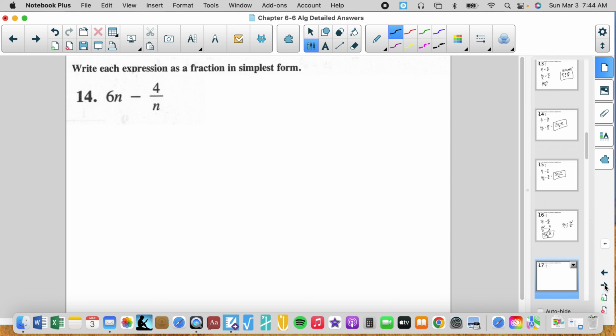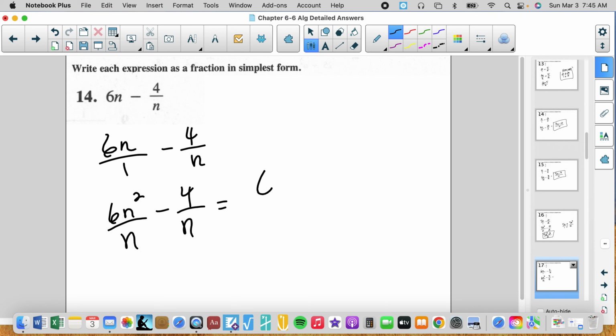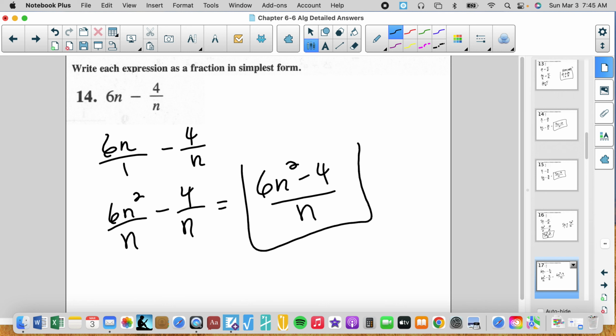Same thing here. We have 6n over 1 minus 4 over n. Equivalent fraction would be 6n squared over n. Now we have like denominators. We're not going to look to simplify this just yet. That's not the difference of squares anyway. The 6 is not a perfect square. And we wouldn't factor out a 2.